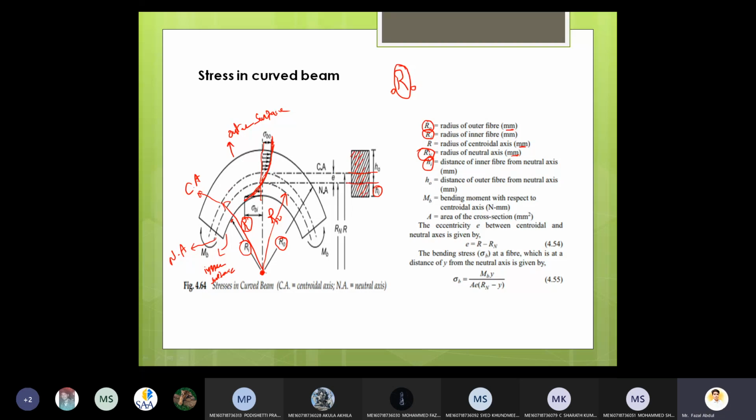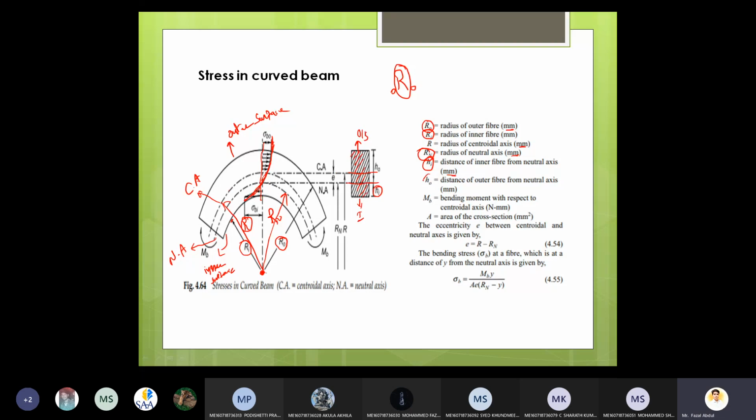This is the inner surface, this is the outer surface, and this distance from the inner surface to the neutral axis is hi, measured in mm.